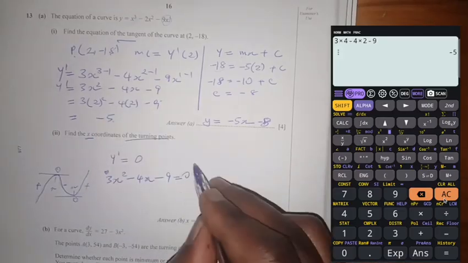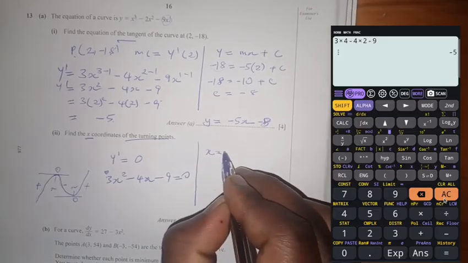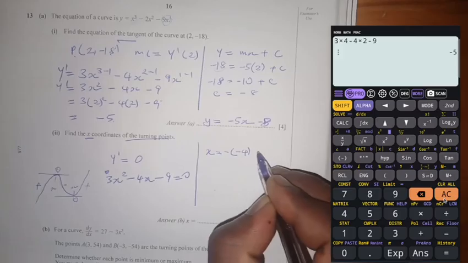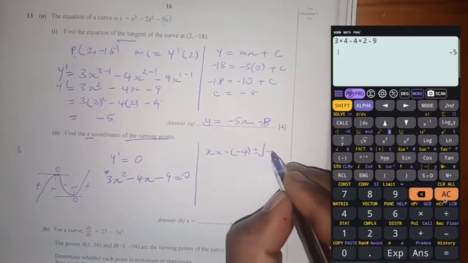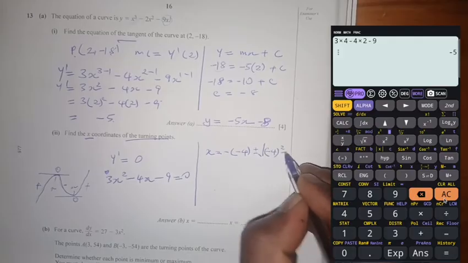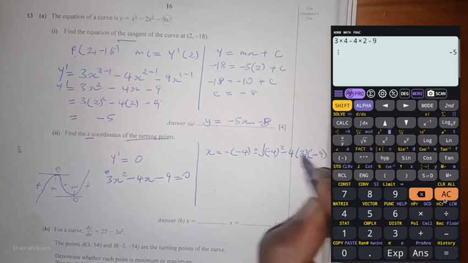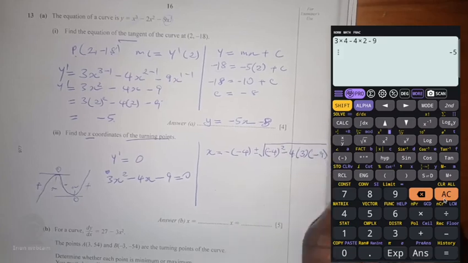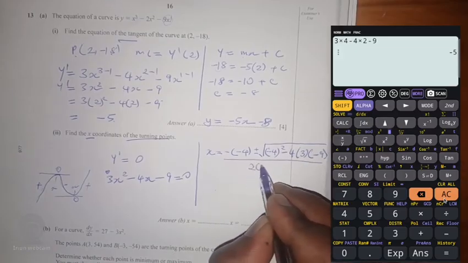Now let's just use the quadratic formula for this one. x is equal to negative b, that's negative 4, plus minus the square root of b squared, negative 4 squared, minus 4a, and then c is negative 9. Now I'm writing on the examiner's side, don't do that. And then over 2a.